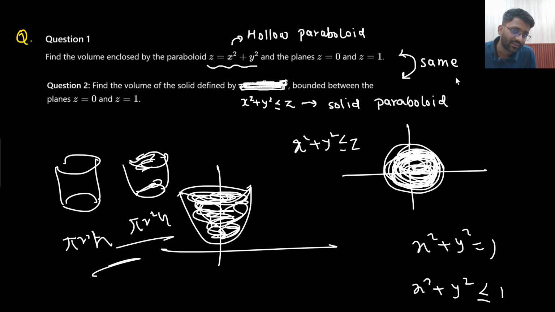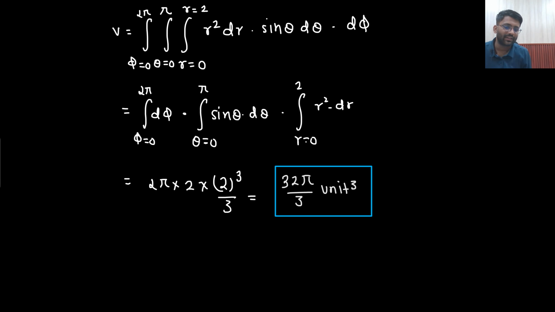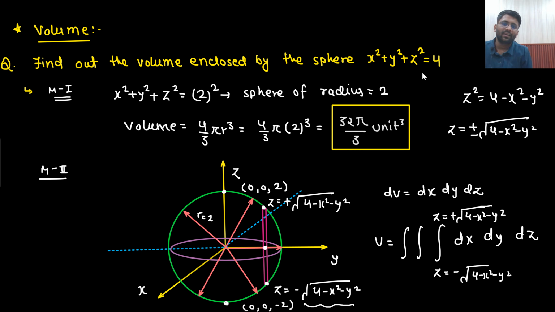Even if it is a solid bowl, look, this globe I have given. Inside this globe, whether there is nothing or anything inside, the volume would remain the same, always 4 by 3 pi r cube. So in the last question, if it was written x square plus y square plus z square less than or equal to 4, will there be any problem?